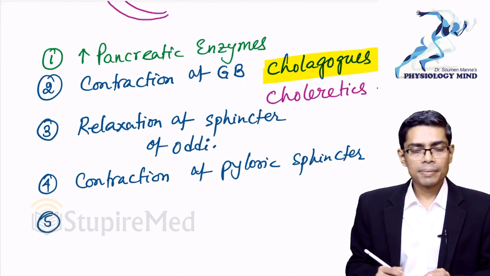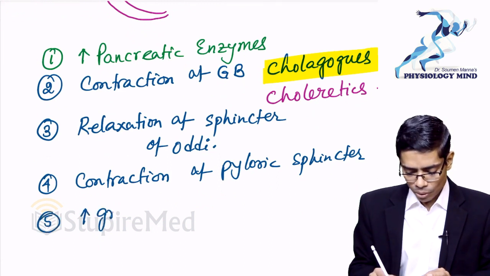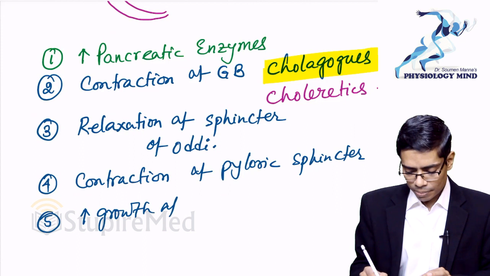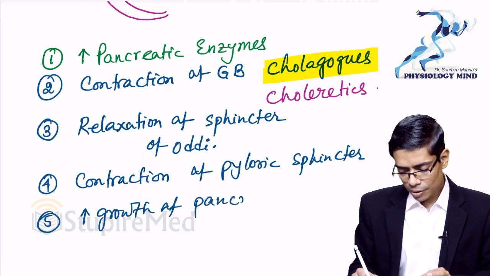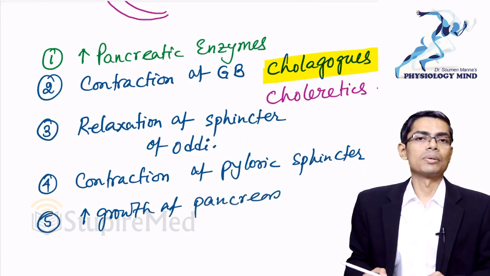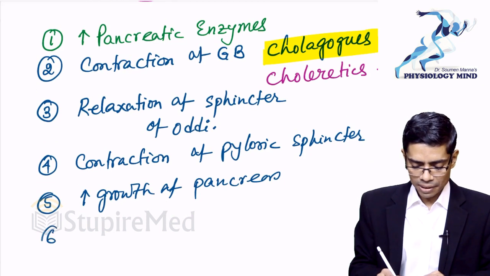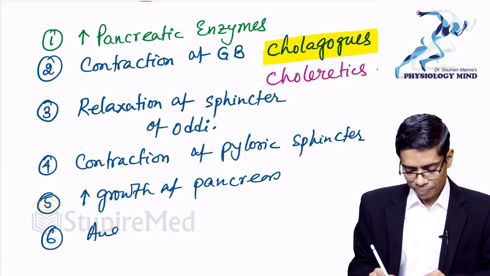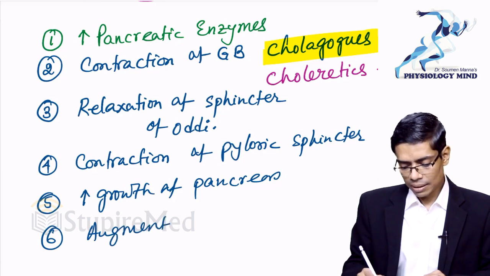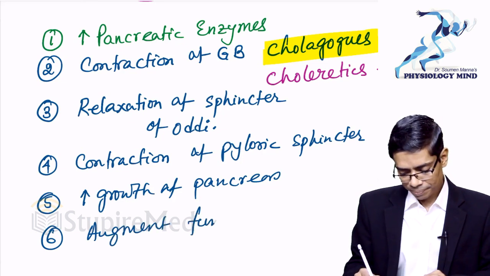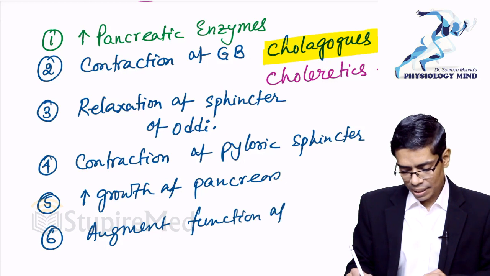Number 5, increase growth of pancreas. CCK is also responsible for increasing the growth of pancreas, okay, trophic functions. And number 6, it augments the function of secretin.